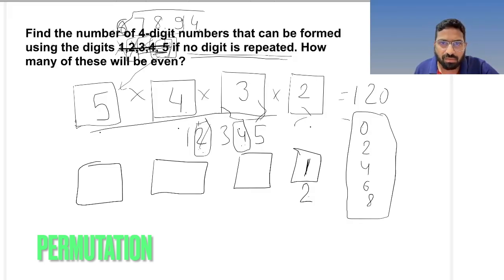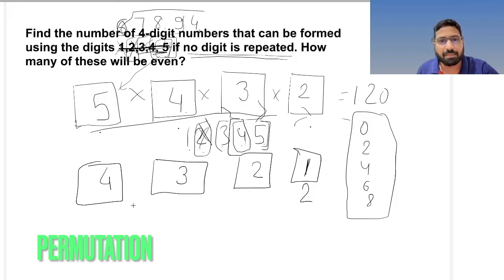Now this is gone. How many digits are you left with? 1 2 3 4 digits. So this will be 4. Now since 2 is gone and one of the digits is also gone, you are only left with 3 digits, so you will choose from those 3. And now you are only left with 2 digits, so you will choose from the 2.